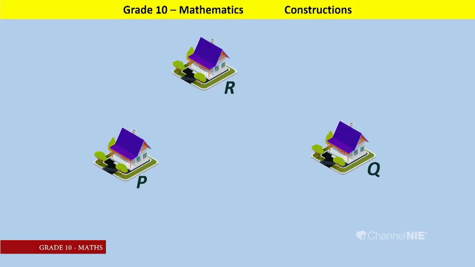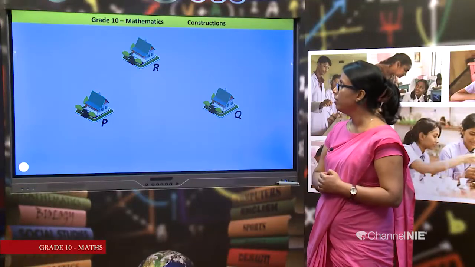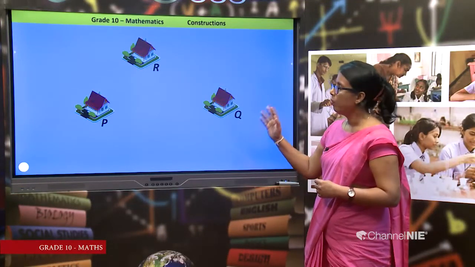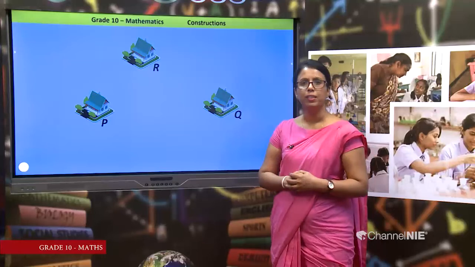Let's see, there are 3 houses, P, Q and R, not on the same line. These 3 points lie on a triangle. There should be a place equidistant to P as well as Q as well as R. Now use your construction knowledge to find this place where to locate the lamp post.